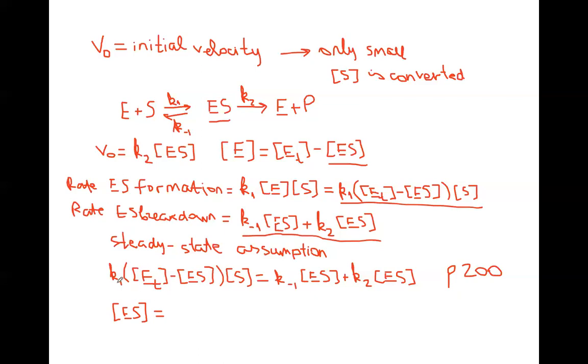If you solve it for that, you can see there are actually three different rate constants: K1, K-1, and K2. They are all present in our original formula for how this enzyme will work. So the concentration of the enzyme substrate complex will equal enzyme total.